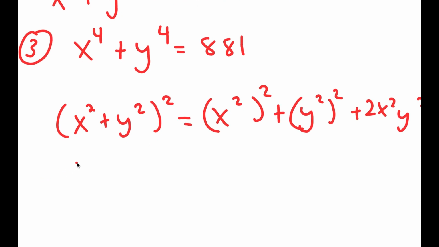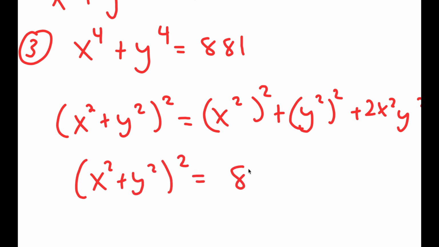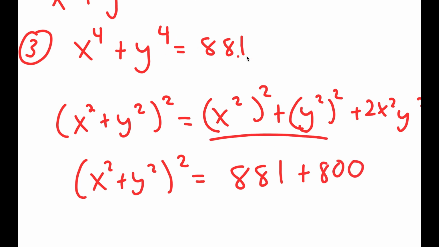So this is equal to 881 plus 800, because x to the power 4 plus y to the power 4 we know is equal to 881.